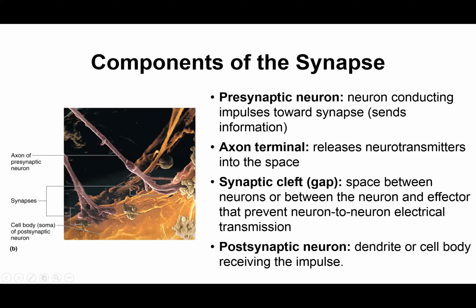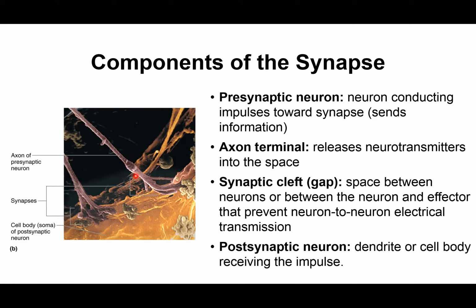Let me just show you in this picture. The purple part is the presynaptic neuron. So this is the one that's sending information. And then we're going to have the axon terminal. The axon terminal is the part that's releasing neurotransmitters into the space called the synaptic cleft.